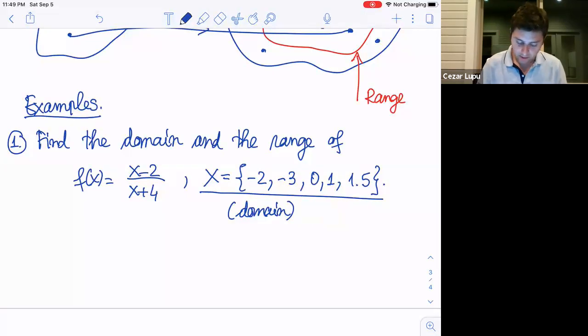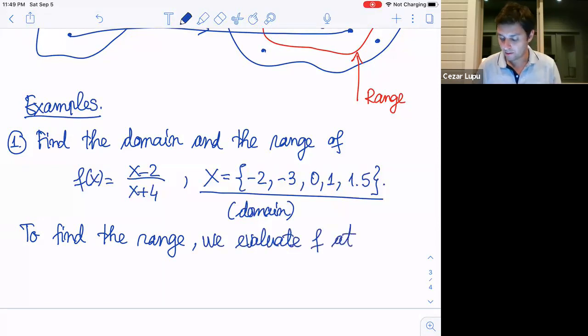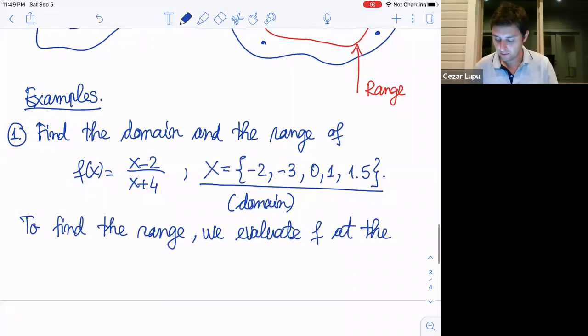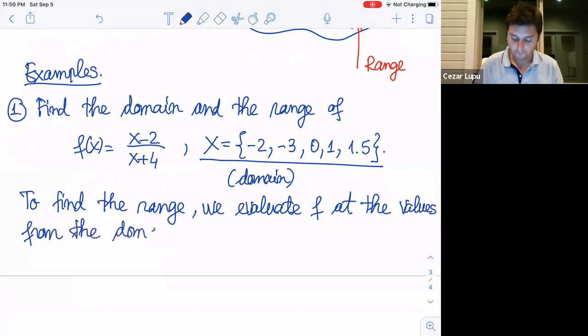To find the range, we evaluate f at the values from the domain x.